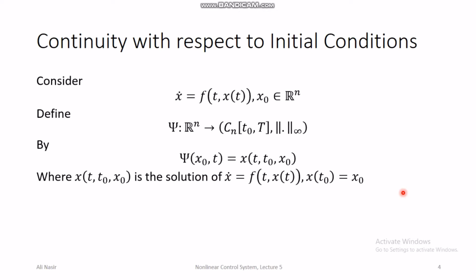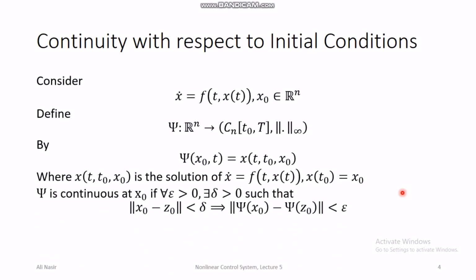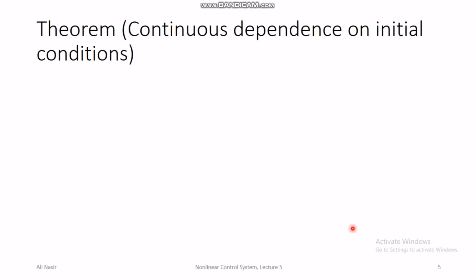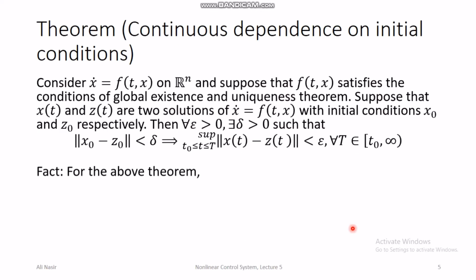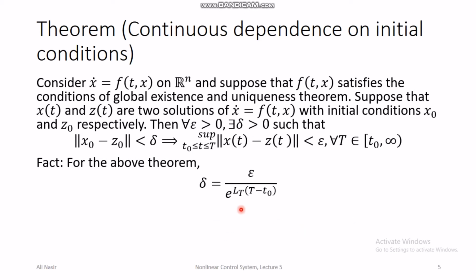So that was one of the concepts that we discussed in this lecture, that if two initial conditions are bounded by some value delta, then the difference between the trajectories will be bounded by some other value epsilon. And we also characterized the relationship between the delta and the epsilon in terms of the Lipschitz constant.